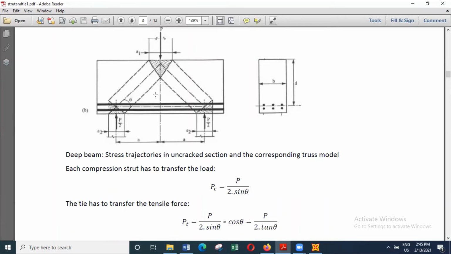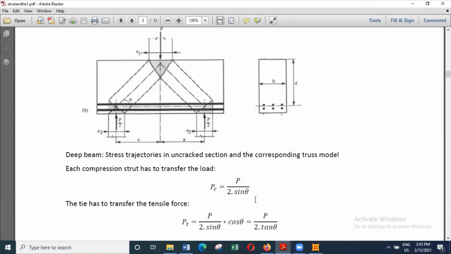And if you want to know how much load will be taken by the tie, then you have to see what is the horizontal component of this inclined force. So inclined force is PC. So the horizontal force will be PC cos theta. But here we can see PC is equal to P by 2 sine theta.